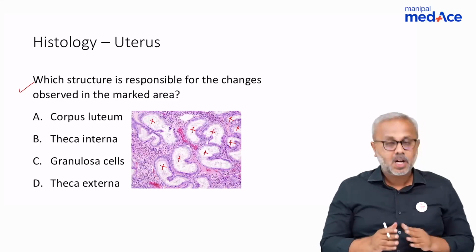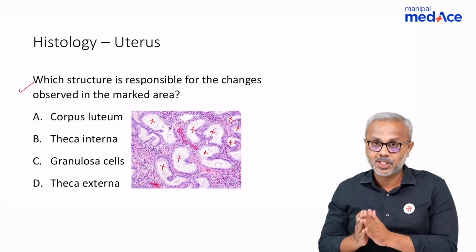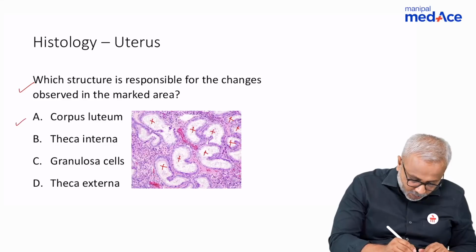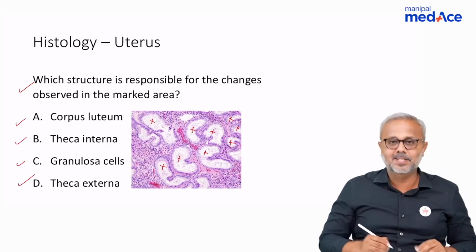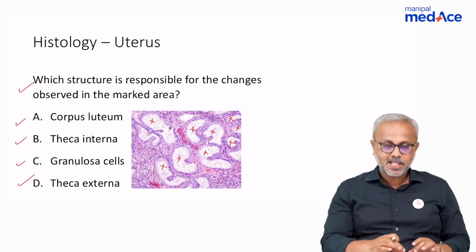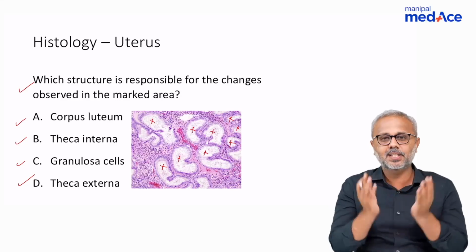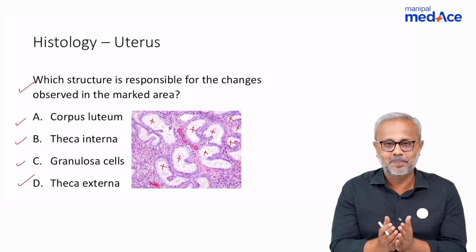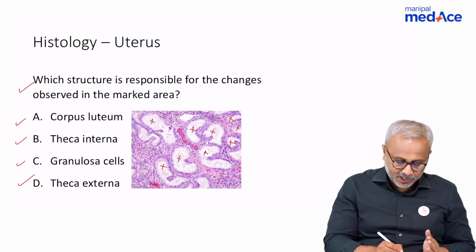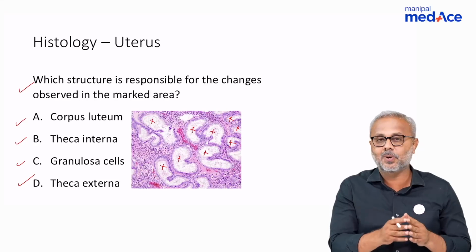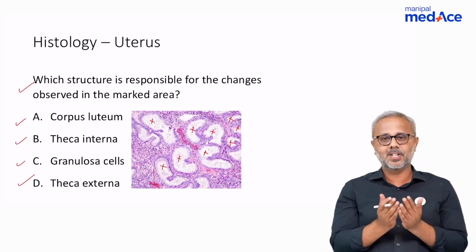Now how do you come to the conclusion that this is uterus? If you just observe the options, these are the structural parts of an ovarian follicle. So let it be theca interna or externa, granulosa or corpus luteum, all these are concerned with oogenesis.